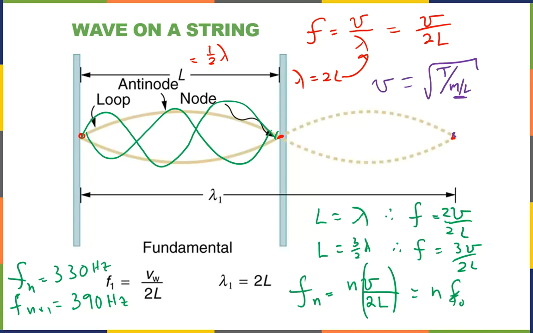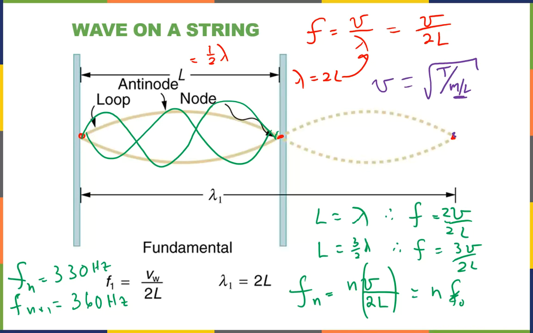Okay, I gave you an impossible situation. I was thinking about a different instrument. I could have that occur with an organ pipe. I can't have it occur with a string. So 330 and 360. If those are adjacent frequencies, what's the fundamental frequency? It's not 330.